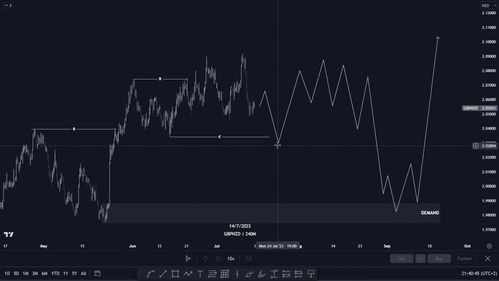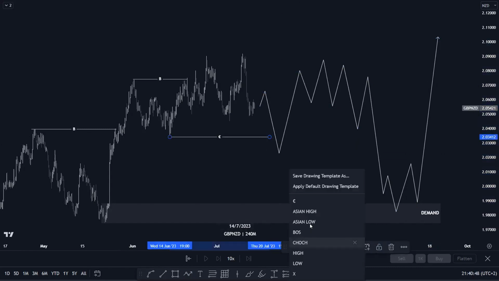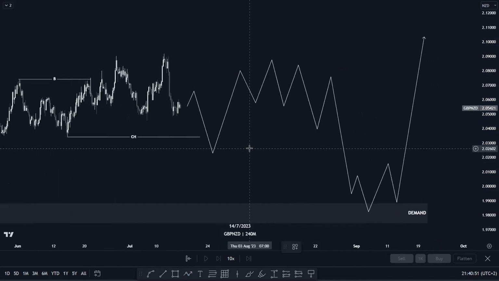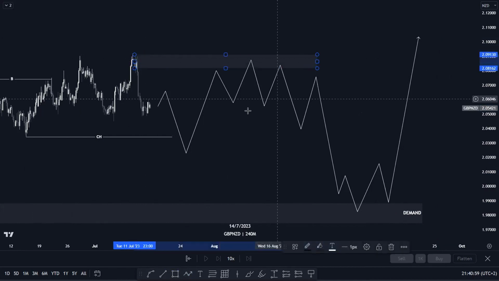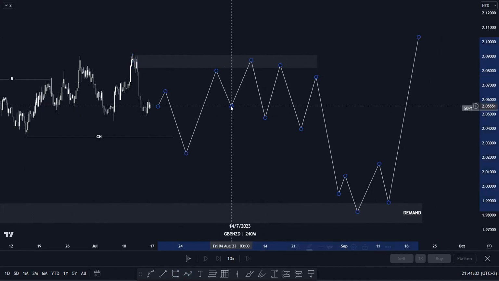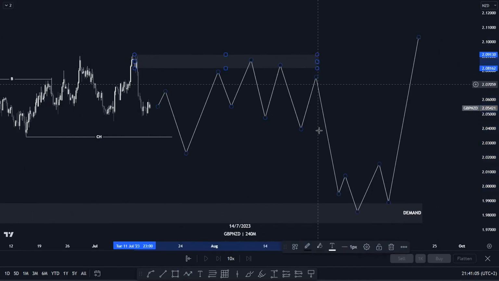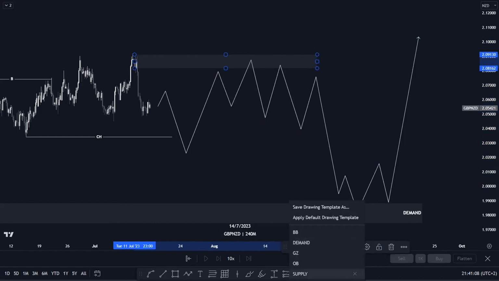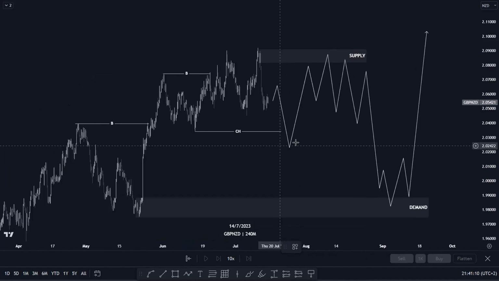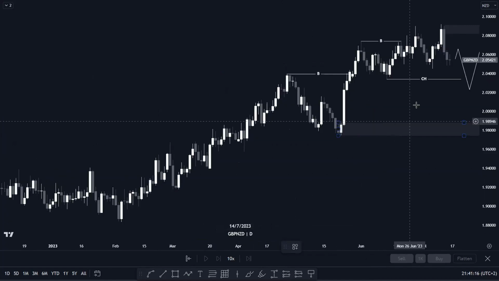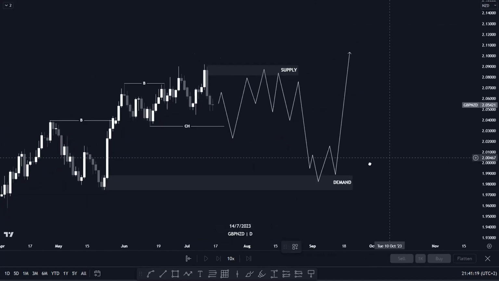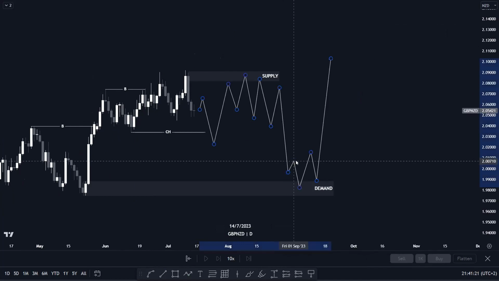So this is what we are going to have: price pushing to the downside, creating a change of character, and then price pushing to the upside, respecting our supply zone here, so that we can push price to the downside, so we can respect our demand zone on our higher time frame entry.